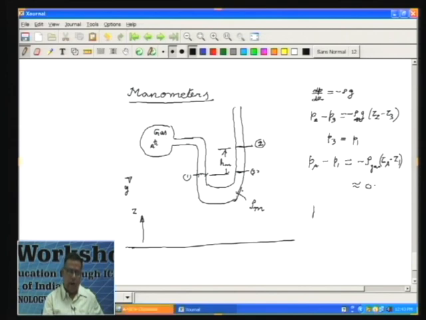So, P A then you can say is approximately P 1, P 1 is the same as P 3, and P 3 from here is P 2 plus rho m g (Z 2 minus Z 3).